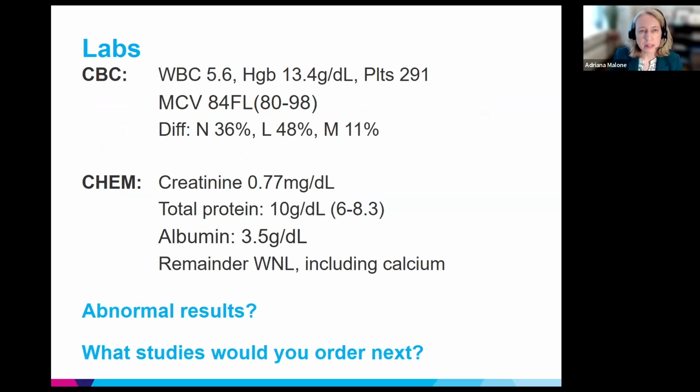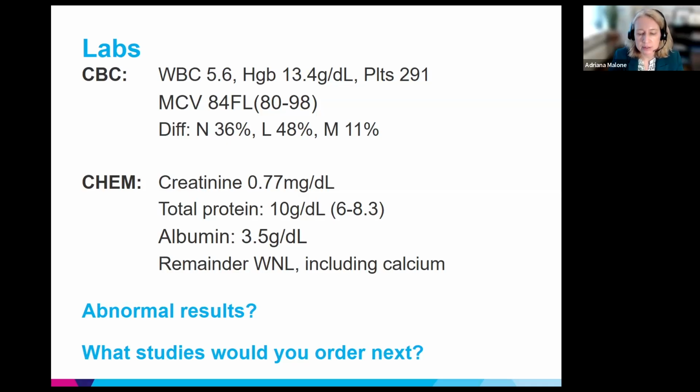So after taking a look, you see that the CBC is within normal limits, as is the differential. The creatinine is normal. The total protein is elevated, but the remainder of her studies, including her albumin and calcium, are within the normal limits. What would be the differential diagnosis for a patient with an isolated elevated total protein?